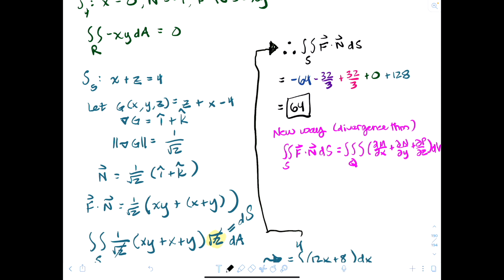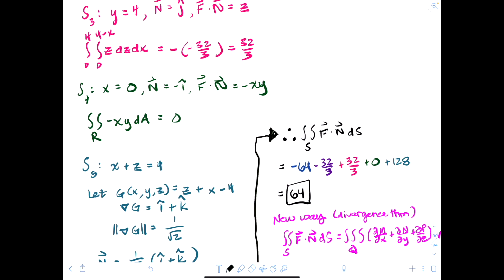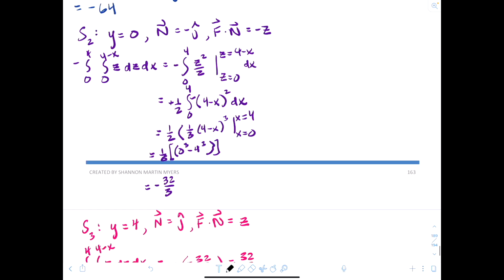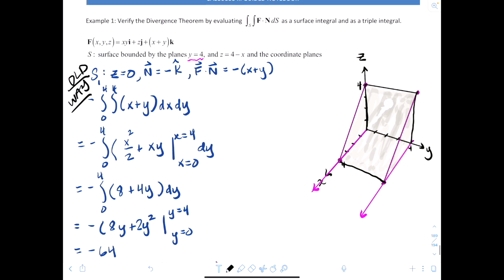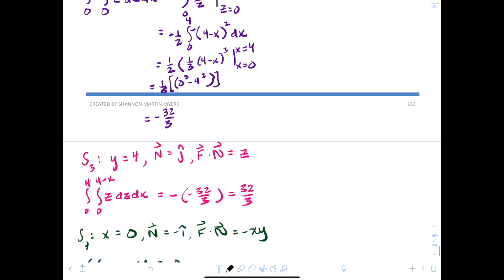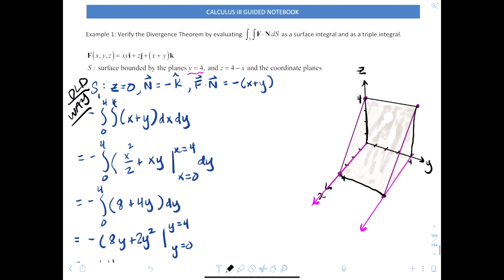All right. So, well, what do we have for our stuff here using our divergence theorem? Looking at the vector field, M is equal to xy, N is equal to z, and P is equal to x plus y.